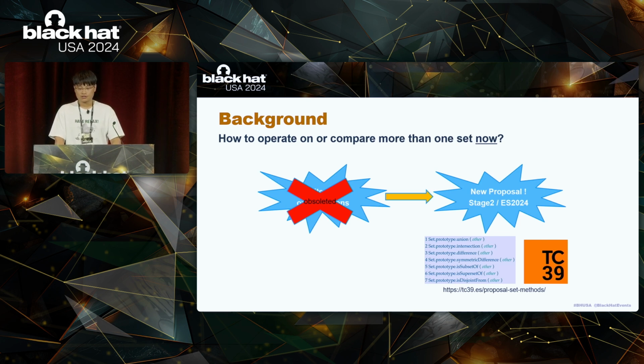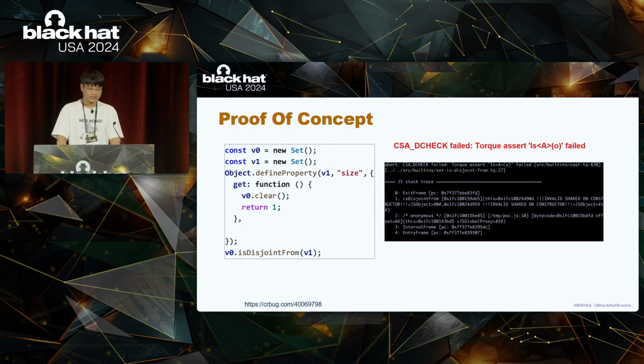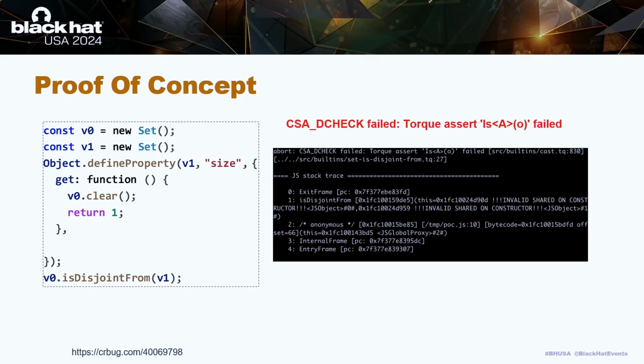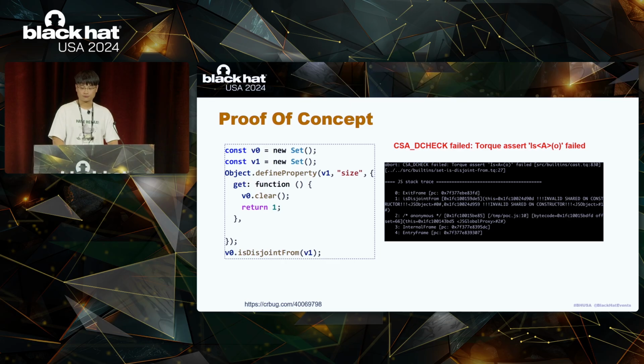However, the V8 engine introduced a callback vulnerability when trying to support this feature. Let's take a look at the proof of concept, which is listed on the left of the slides. As you can see, the POC is pretty simple. First, we create 2 different set structures, then define a callback function on one of the sets, and then call its disjointFrom function to operate on both sets.